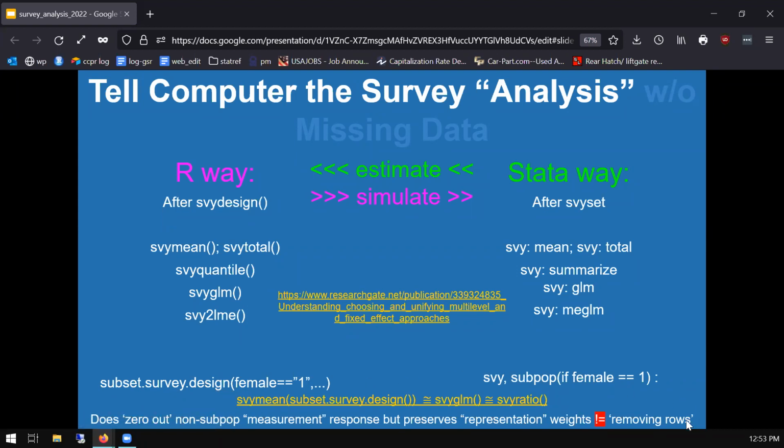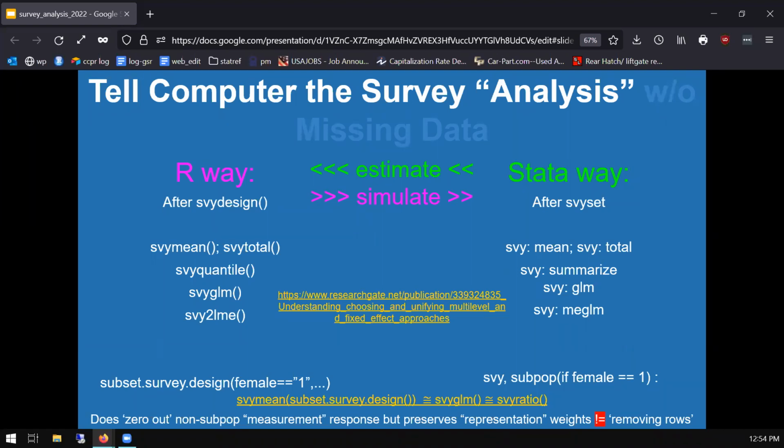The important point is you have to use these commands to create an estimate of your subpopulation of females versus males. This red highlight, it's not the same as if you just subset your data only to the group one and throw away the data rows of the males.